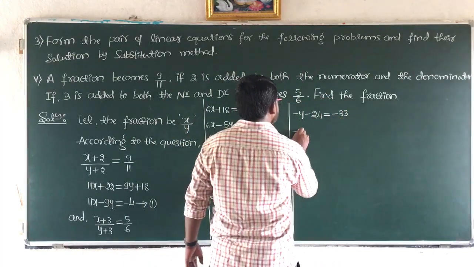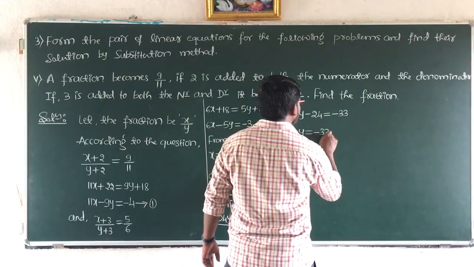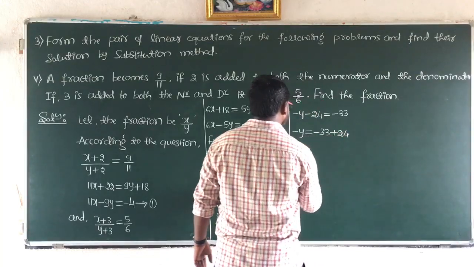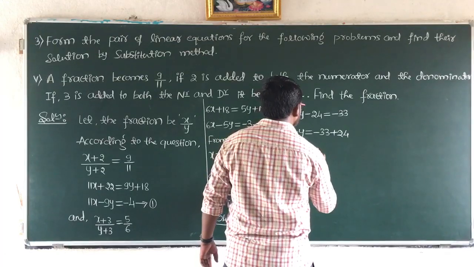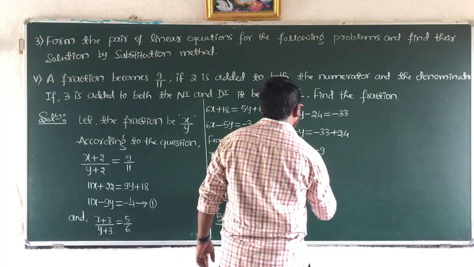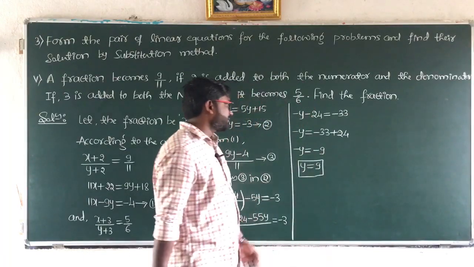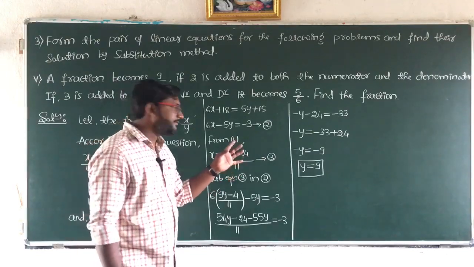Then minus y is equal to minus 33 plus 24, then minus y is equal to minus 9, then y is equal to 9. Minus and minus cancel, we get the value of y.